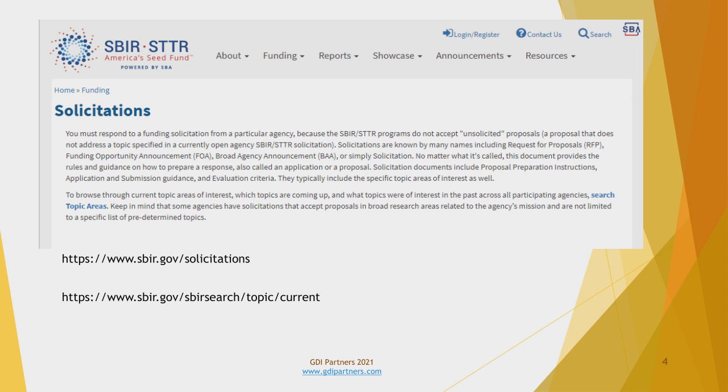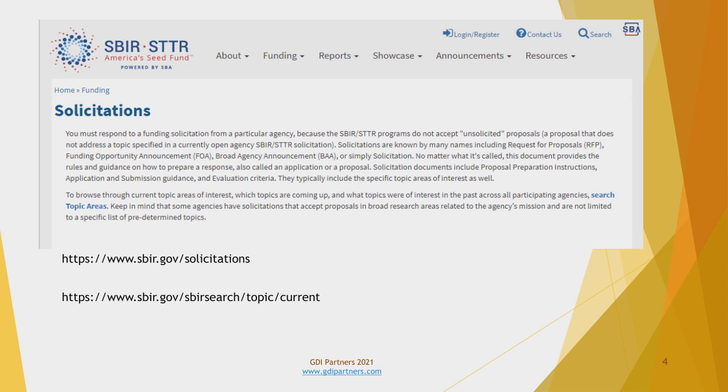So there are 11 federal agencies that participate in the SBIR program. SBIR stands for Small Business Innovative Research. And then there are another 8 agencies that participate in the STTR, so Small Business Technology Transfer.